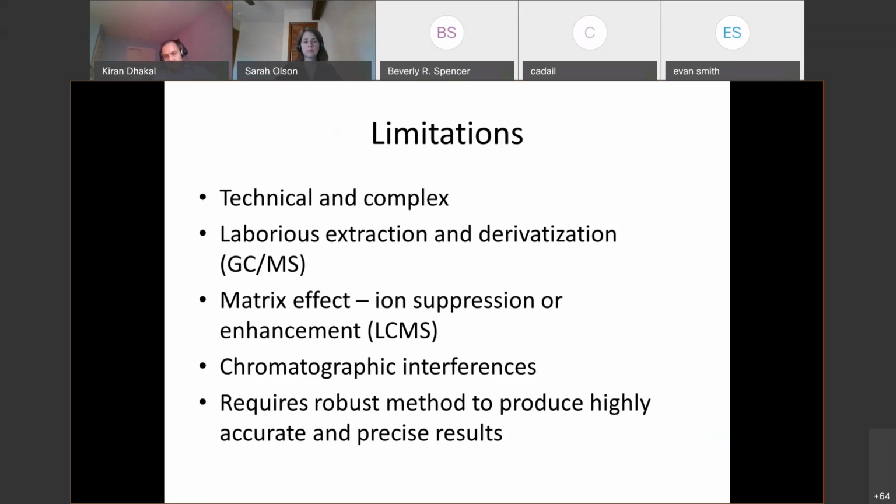Not only the matrix effect, we see chromatographic interferences as well. There are a lot of chemicals that may coelute in the chromatographic separation.